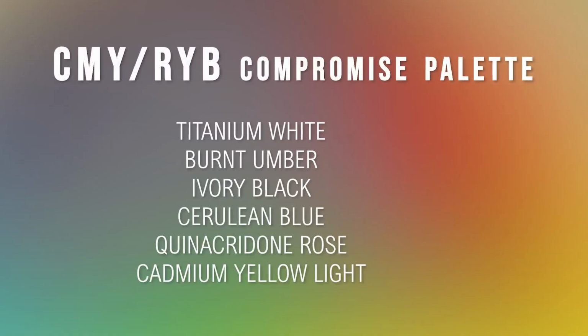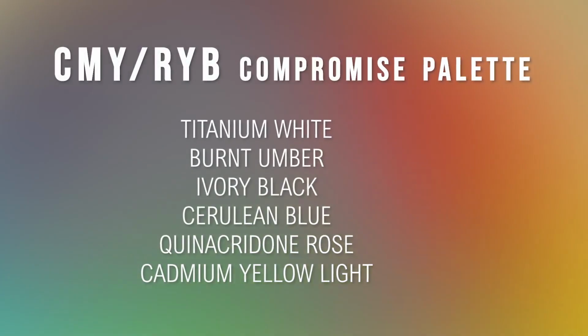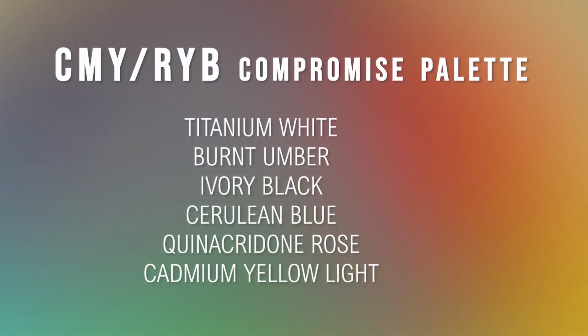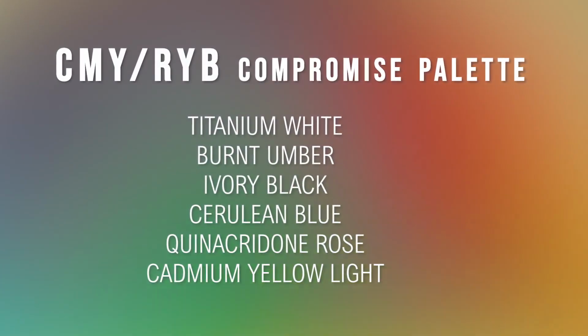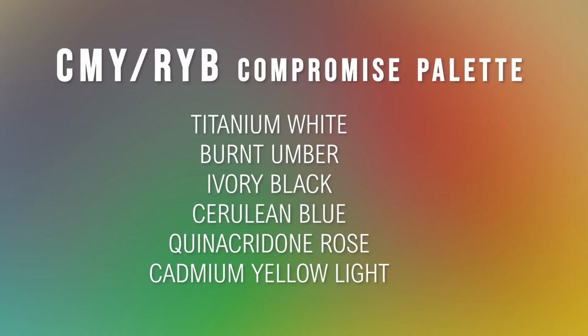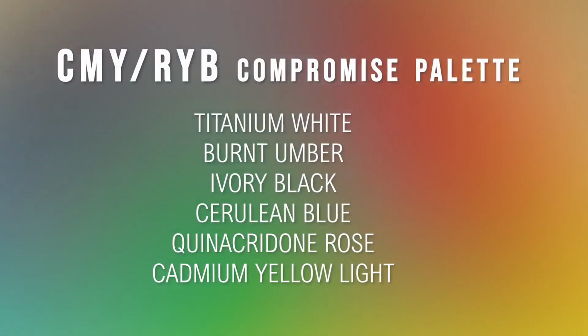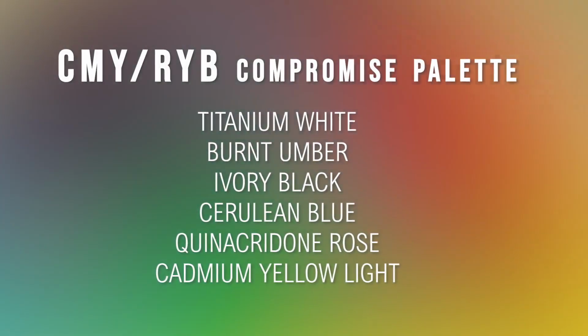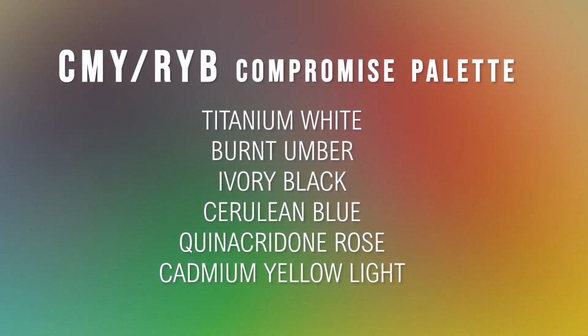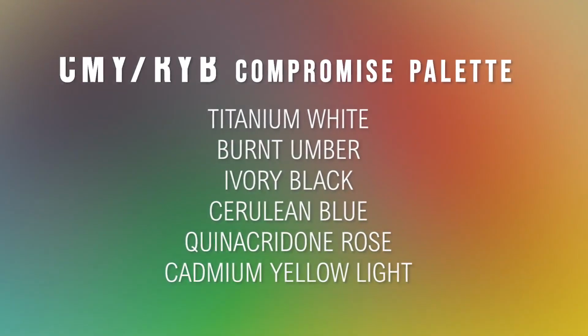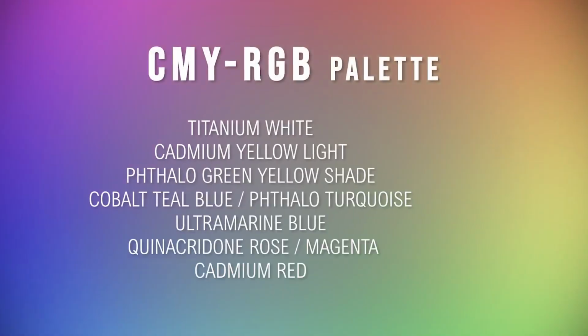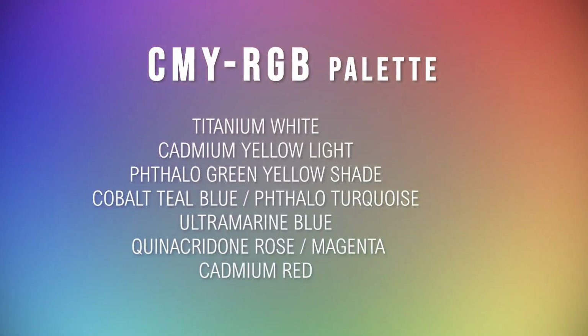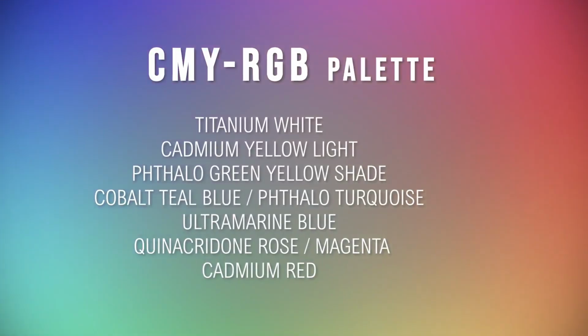Now this is an idea for a cyan, magenta, yellow or red, yellow, blue balanced palette, which sort of takes the best out of both systems. You can use titanium white, burnt umber, ivory black, cerulean blue, quinacridone rose, cadmium yellow light. Here is a six primaries palette with the cyan, magenta, yellow, red, green, and blue.